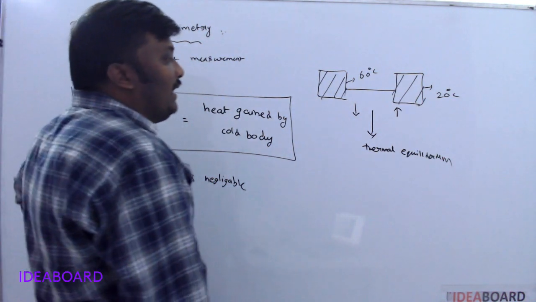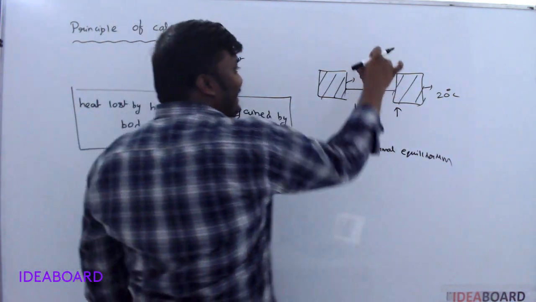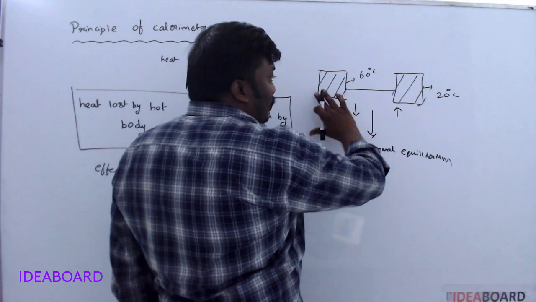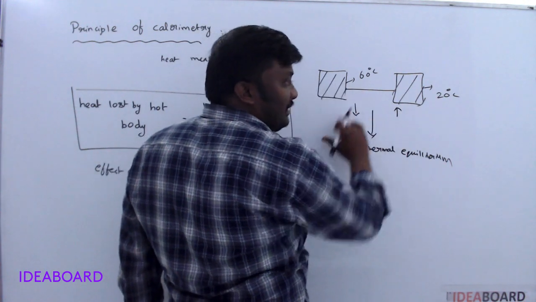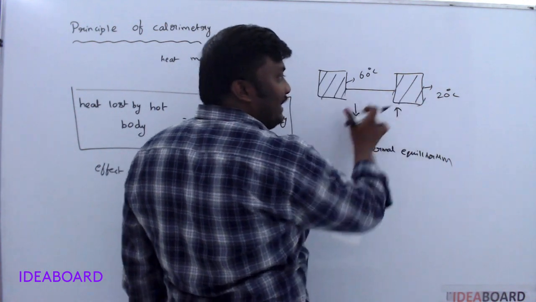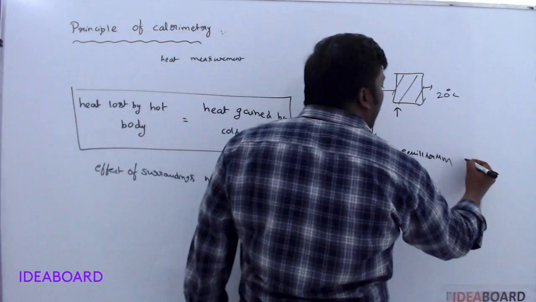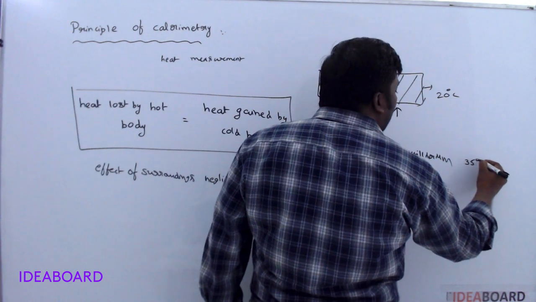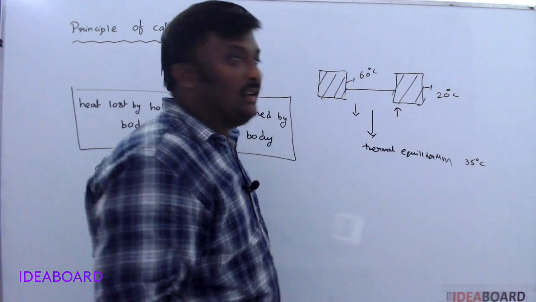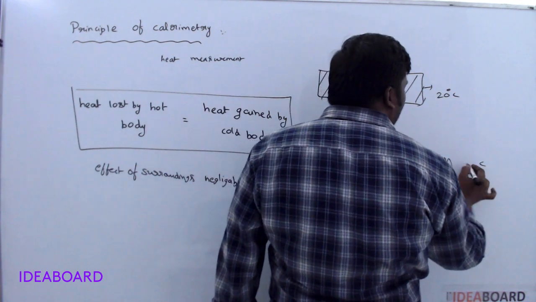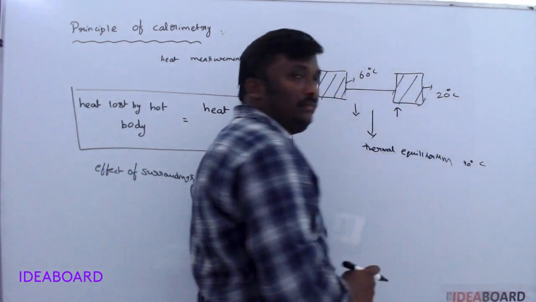And second, just observe, it is 60 degrees and this is 20 degrees. The hot body loses heat and the cold body gains heat, and they come to thermal equilibrium at some temperature, for example 35 degrees Celsius. I just imagine, but generally 60 plus 20 by 2 means 40. Okay, let us take just 40 degrees Celsius.